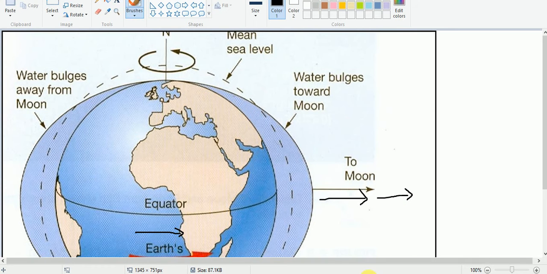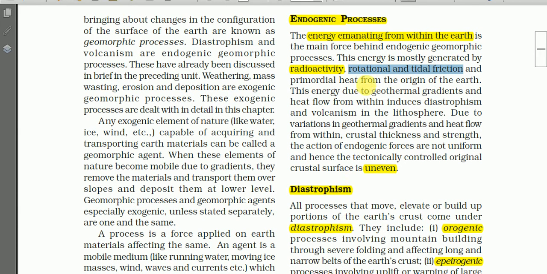However, this rotational and tidal friction is not strong enough to move the plates away from one place, as suggested by Wegener.